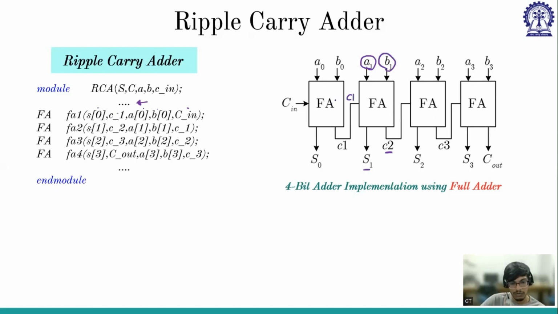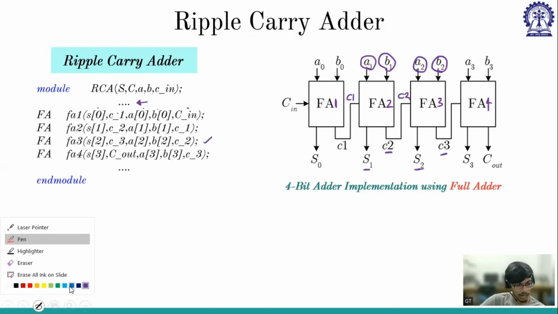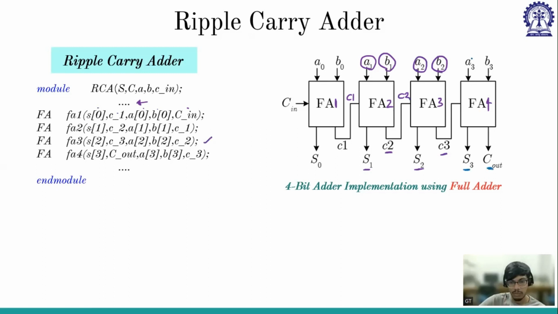Say this is full adder 1, full adder 2, full adder 3, full adder 4. Here the output is S2, C3, input is A2, B2, C2. That is what I'm writing here. And for the final adder, let me change the color. Output is S3, C out, input is A3, B3, and C3. So that's how I'm defining the full adders.